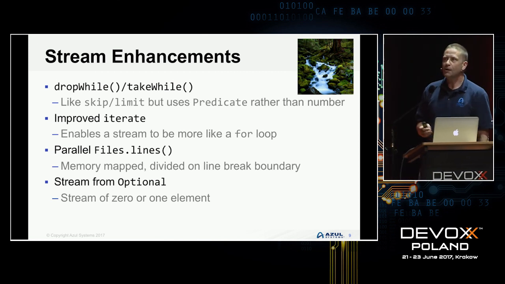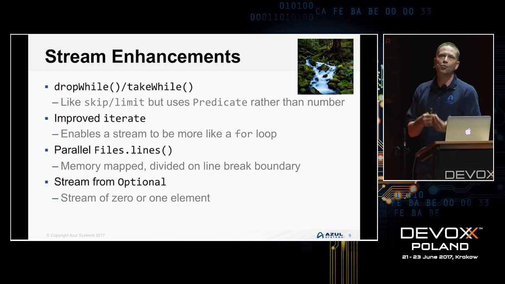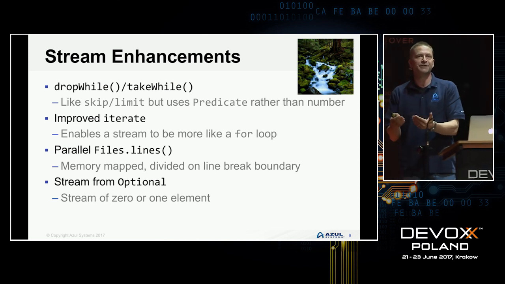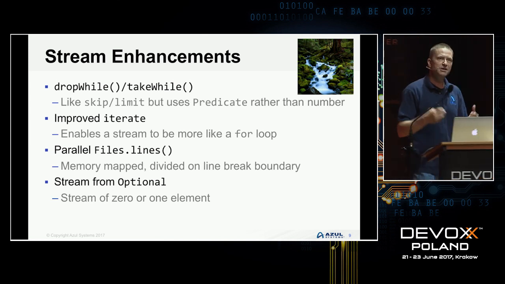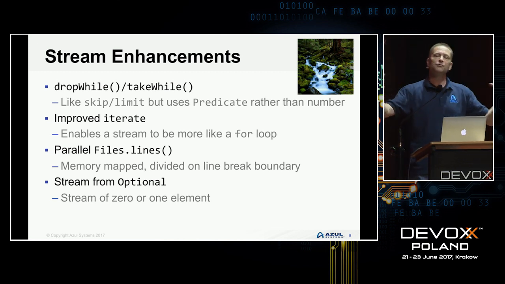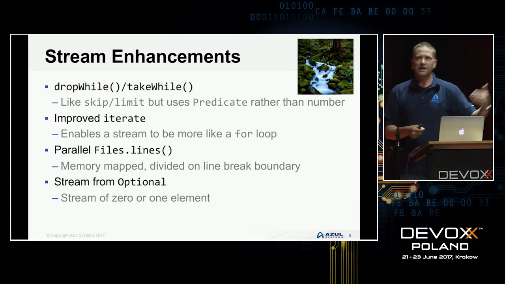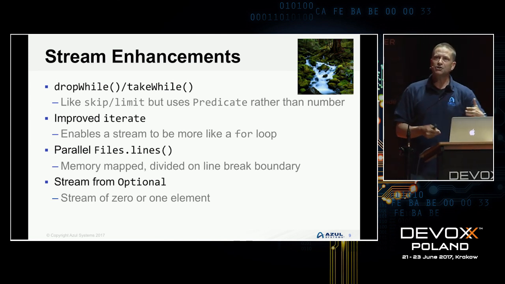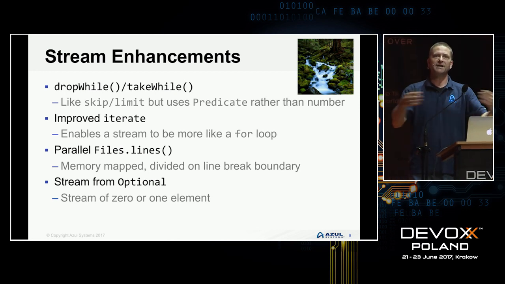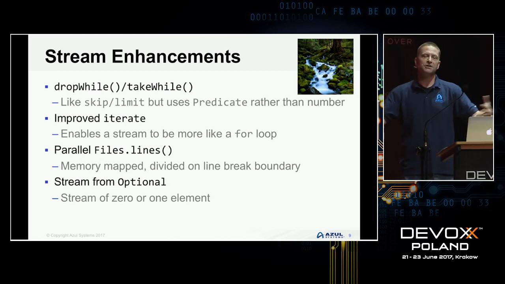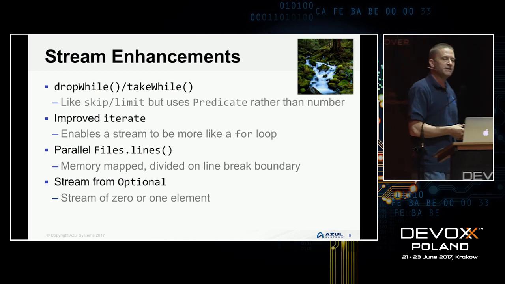Files.lines has now been converted so it will work with parallel streams. This can be very useful because if you're trying to read things from a file and you want to process that in parallel, the problem before was that the lines were being read from the file sequentially. Even if you tried to spread those out into a parallel set of threads, the performance was not really going to be that great.